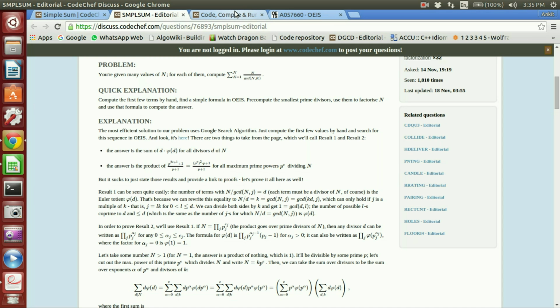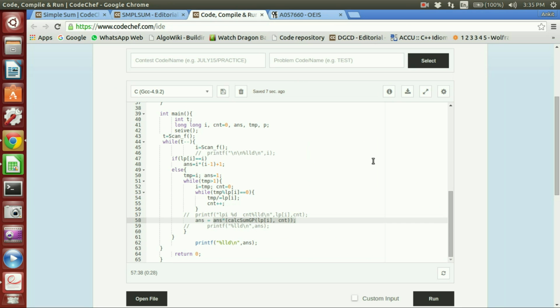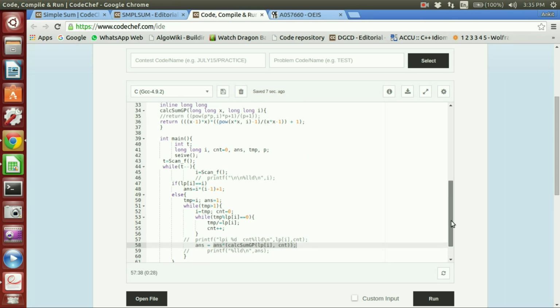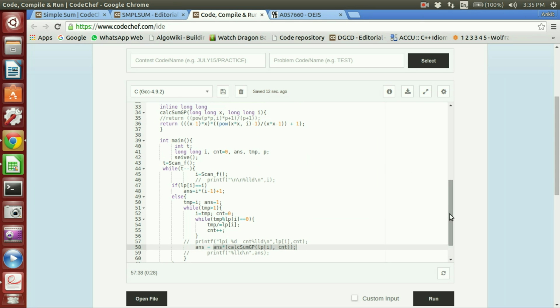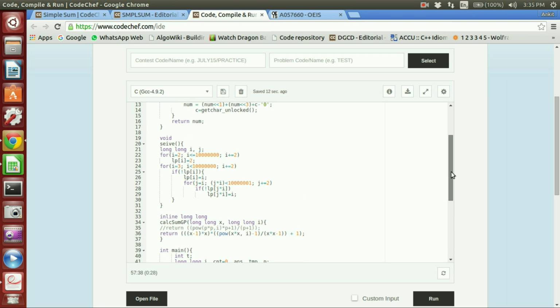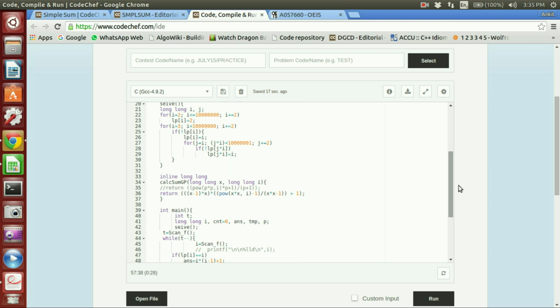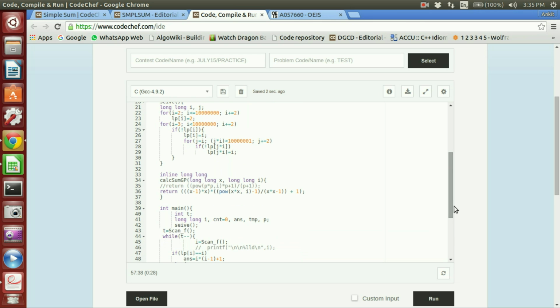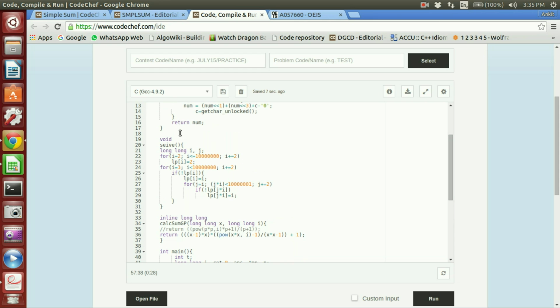So let's understand the code. In this code we are supposed to use some advanced method to calculate the prime factors, because the naive approach won't give you points. So we are using this sieve method. What is this sieve method?